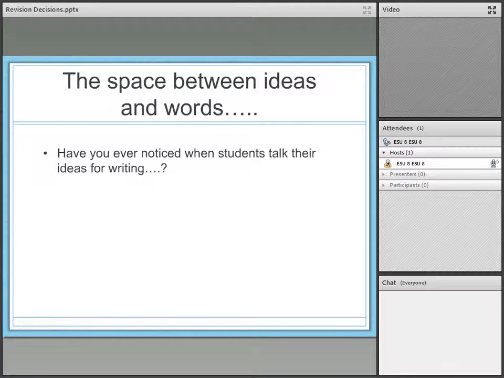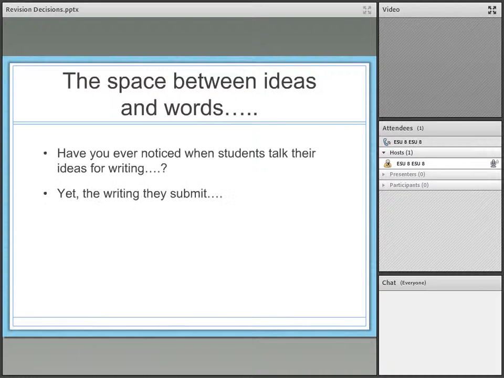Just what happens to a student in that space between ideas and words? Have you ever noticed that when a student talks about their ideas for writing, they exhibit a spark, a personality, and a special pizzazz? They express interesting ideas both fearlessly and creatively.